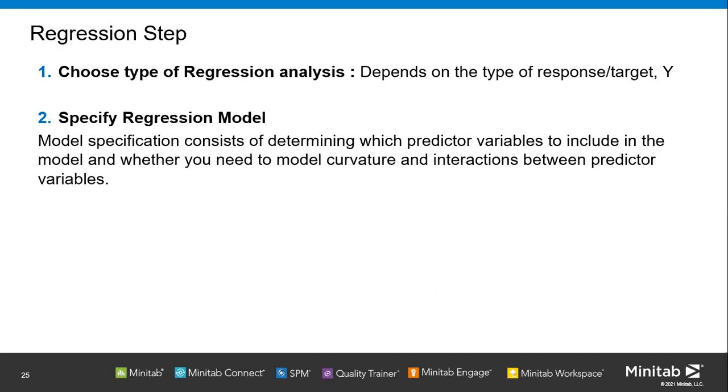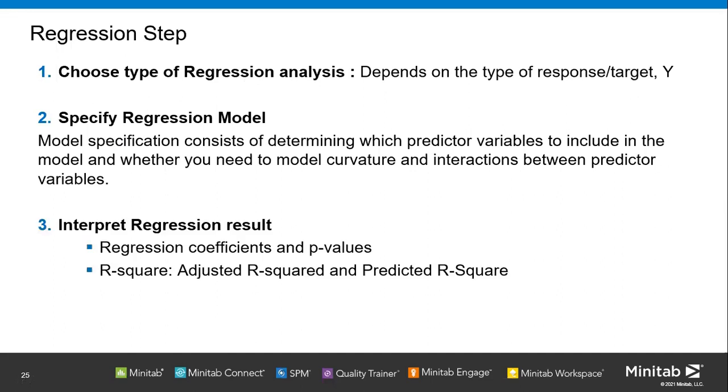Then we go to the third step, where you do the analysis and interpret. We look for the regression coefficient and the p-value for each predictor, such as X1, X2, from the ANOVA table, and then we look for the R squared.